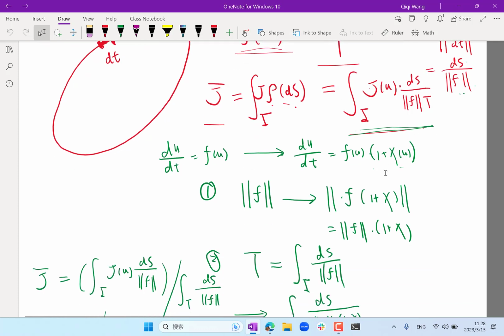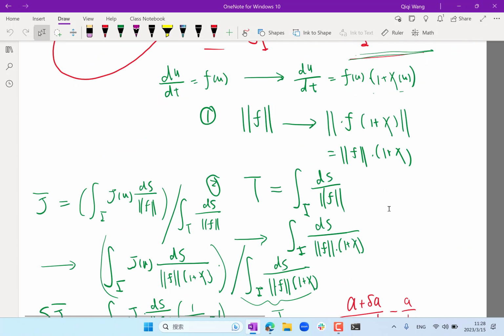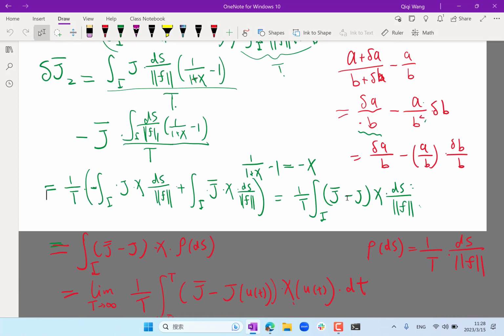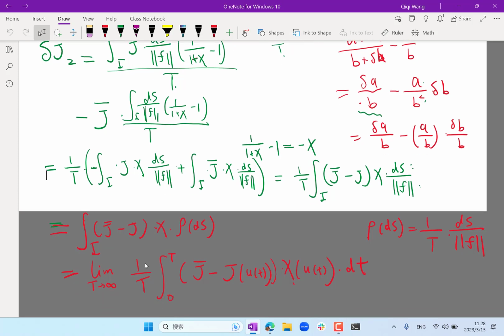So basically, when the speed is accelerated by a small percentage represented by this time dilation c, we have derived through a small perturbation Taylor series analysis that the resulting delta j due to the acceleration or deceleration is really an infinite time correlation between the difference between the local objective function and the global time average objective function and this local acceleration, right?